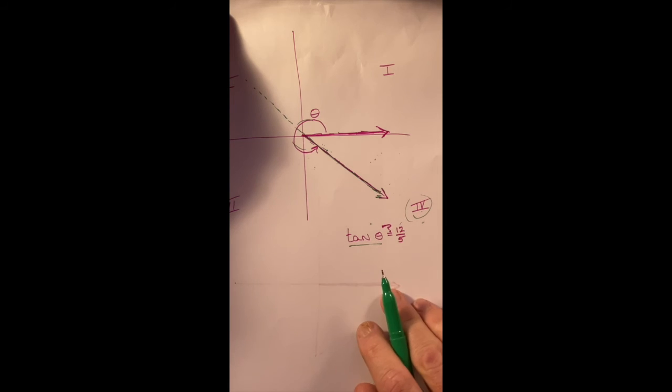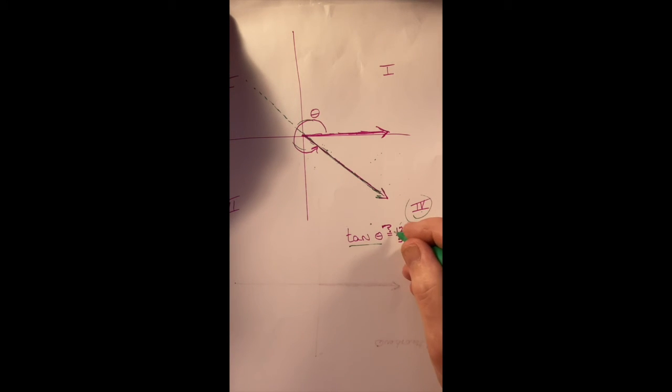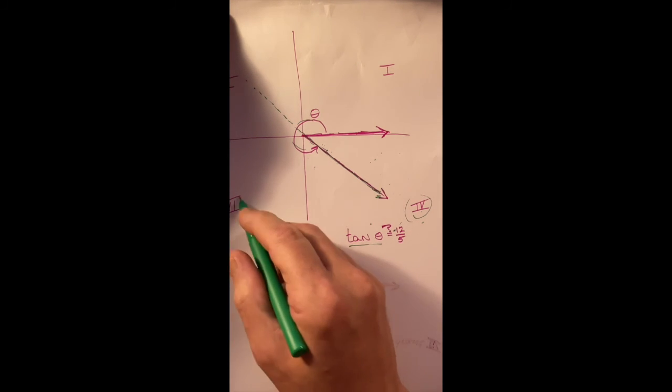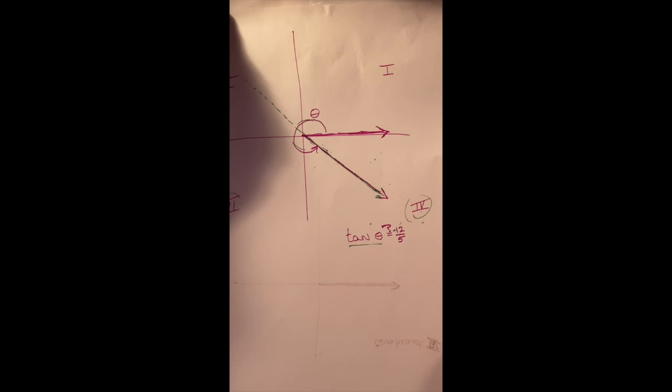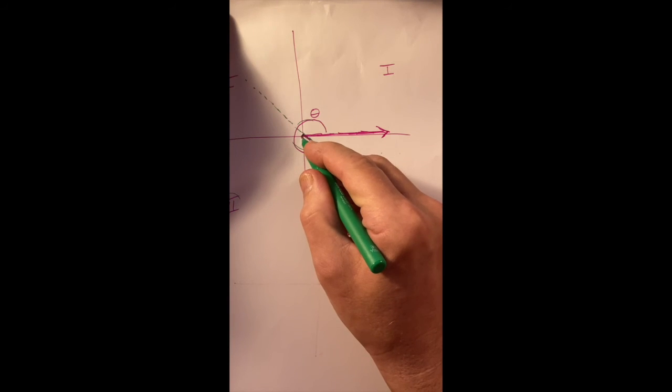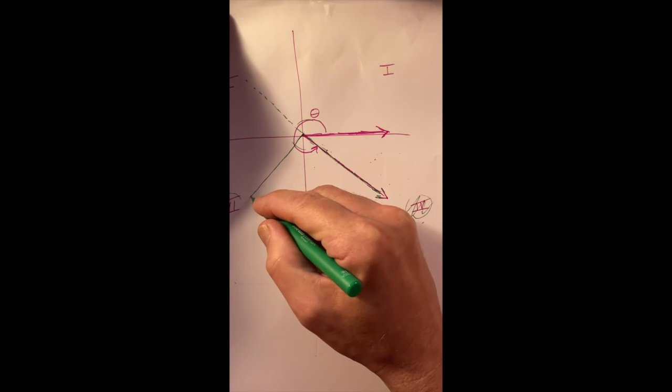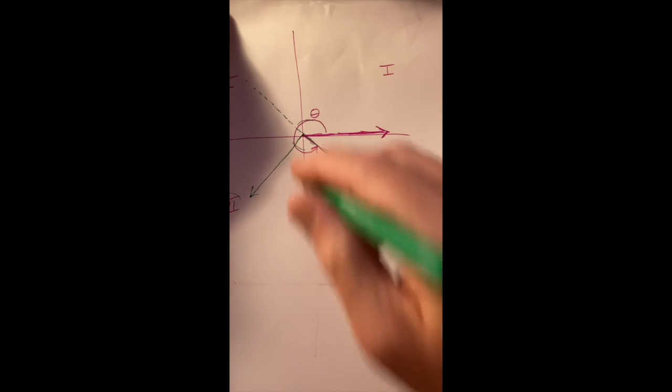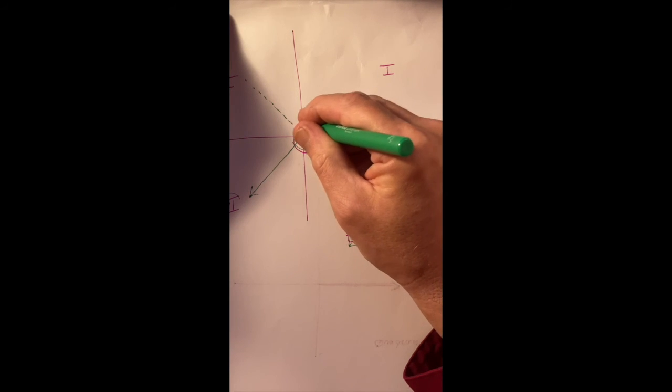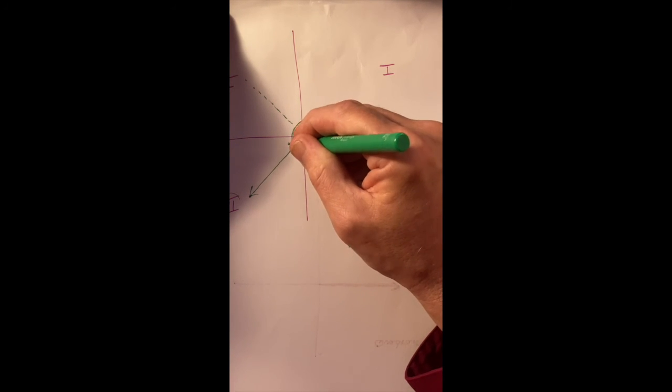So take your pick. This question could have either been okay if I'd said that the tangent was equal to -12 over 5, or if I'd said it was actually going through quadrant 3. What the problem was supposed to say was that it was going through quadrant 3. That would make this the angle here.